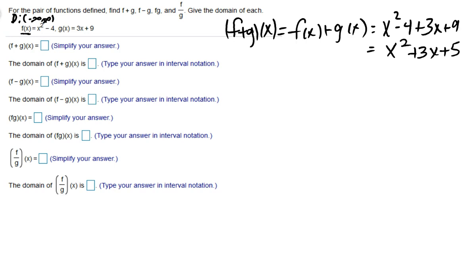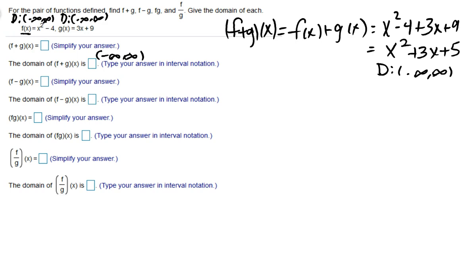And g of x equals 3x plus 9 is also a polynomial function, and it'll have a domain of -infinity to infinity. When you take two polynomial functions and add them together, it creates another polynomial function, which has a domain of all real numbers, or -infinity to infinity. So that is the answer for domain of f plus g, -infinity to infinity.